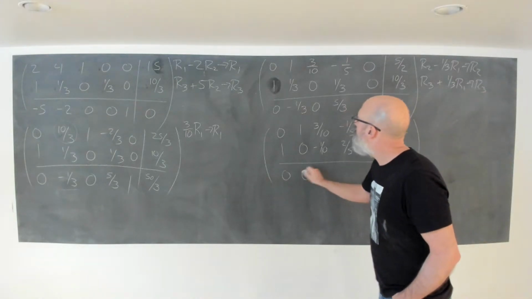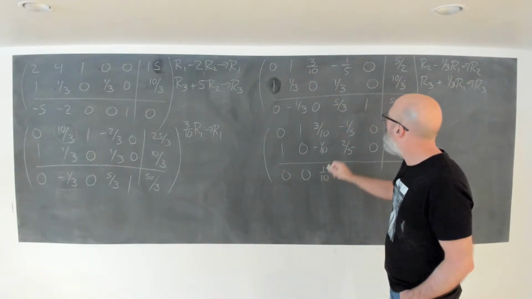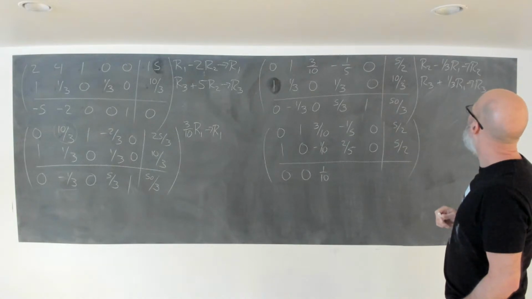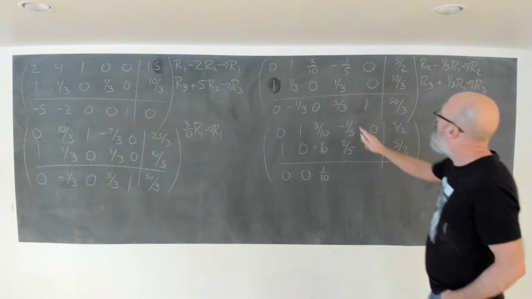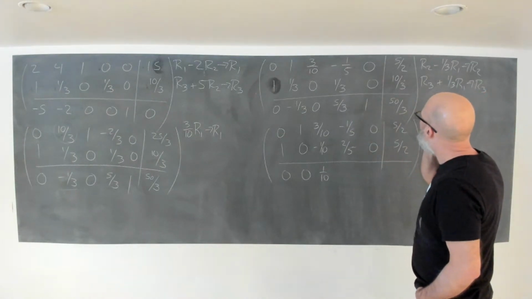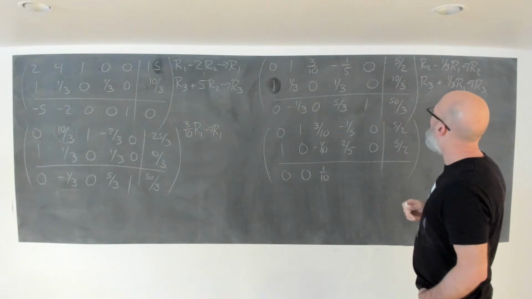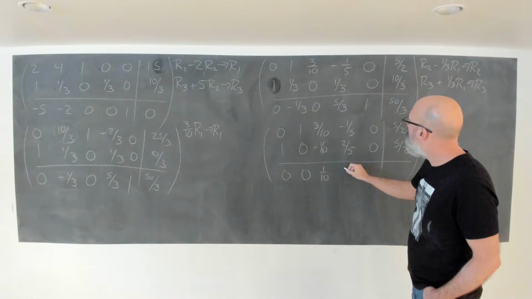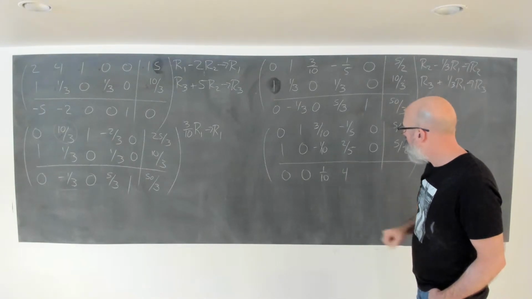And 0, 0. Here I'm adding 1/3. So 1/10. 1/3 of that. So 25 minus 1 is 24/6, which is just 4.